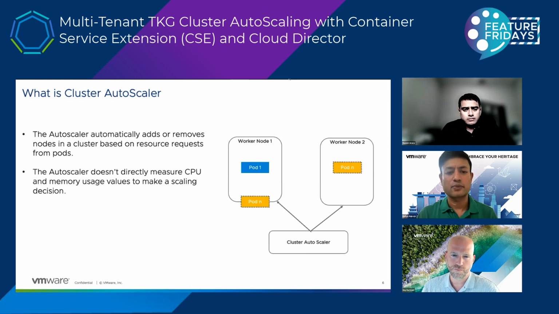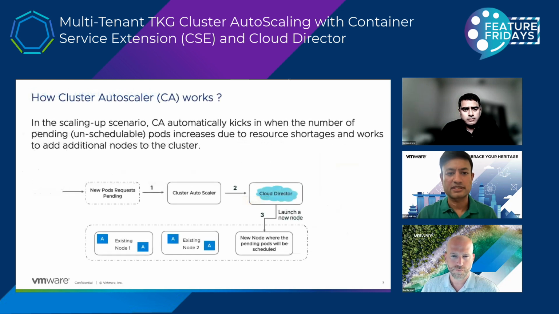In the next slide, what you will actually look into is how the scale up operation works. So basically, when new pod requests are pending, the cluster autoscaler kicks in. It instructs the cloud director to instantiate new VMs. While the cloud director is instantiating the new VM, behind the scenes Kubernetes keeps on listening to that new VM.